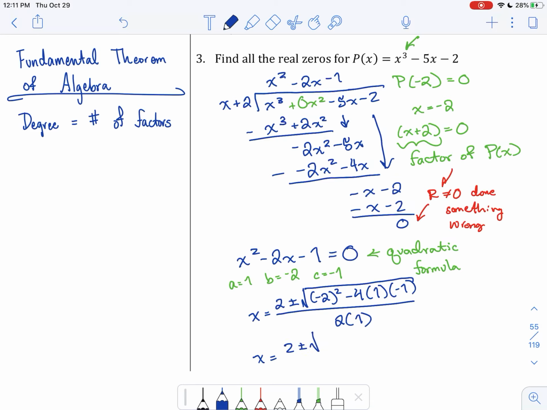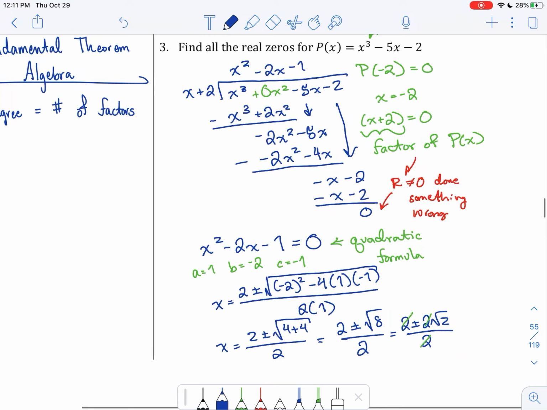That's 2 plus or minus the square root of 4 plus 4, all over 2, which is equal to 2 plus or minus the square root of 8 over 2. Simplify the square root of 8 into 2 root 2 over 2. I'm going to simplify by dividing a 2 out of everything, and we have our final answer as 1 plus or minus root 2.